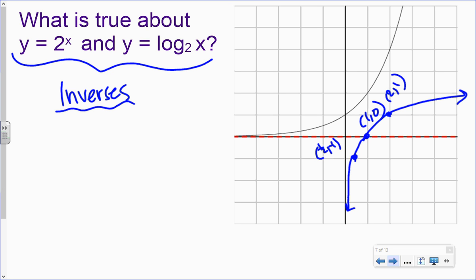It's no longer going to be horizontal. It's not going to be slant, that's what we are reflecting it about. It's going to be vertical. x equals 0 is going to be the asymptote for our parent function of a logarithmic graph.